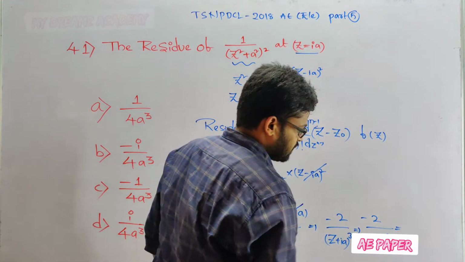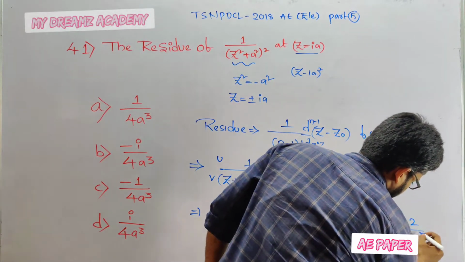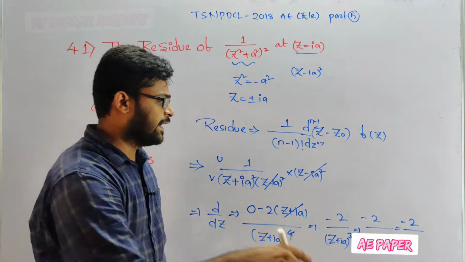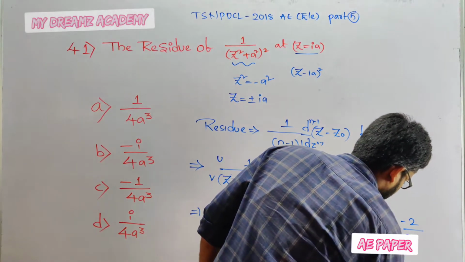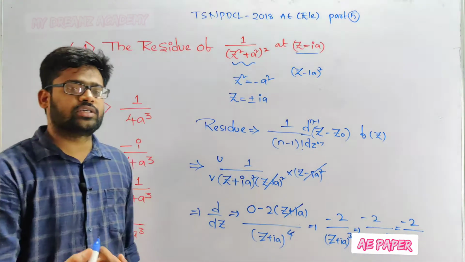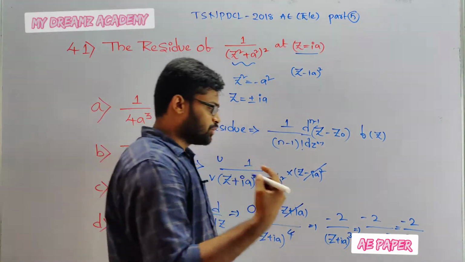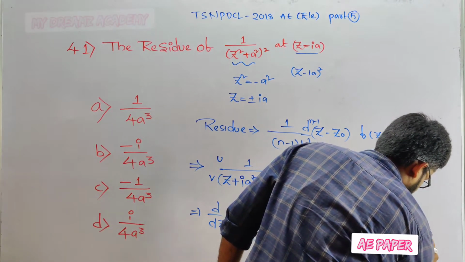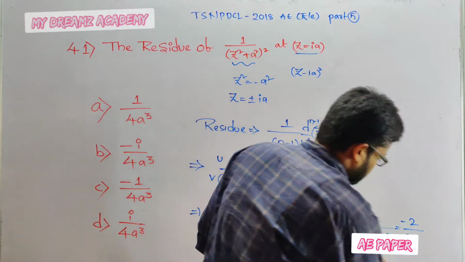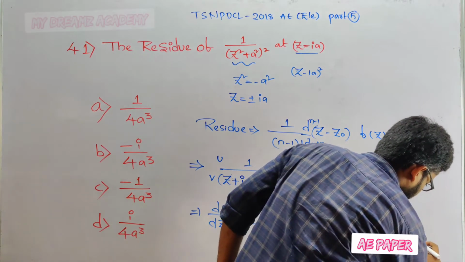So that is nothing but minus 2 over 8 i cube a cube. I square value is minus 1, so i cube is minus i, and a is nothing but a cube only.